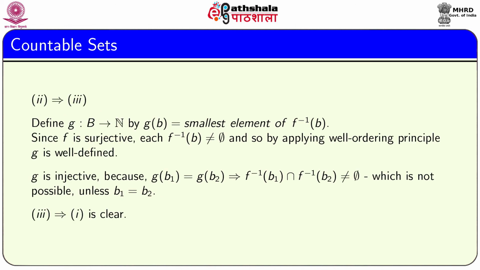Now, to prove 2 implies 3, we define G from B to N by G(b) equal to the smallest element of F inverse of b. Since F is surjective, each F inverse of b is non-empty, and so by applying the well ordering principle, we have G as a well defined map from B to N. G is injective because G(b1) equal to G(b2) implies F inverse of b1 intersection F inverse of b2 is non-empty, which is not possible unless b1 is equal to b2.